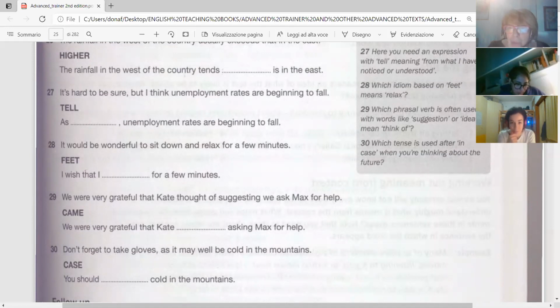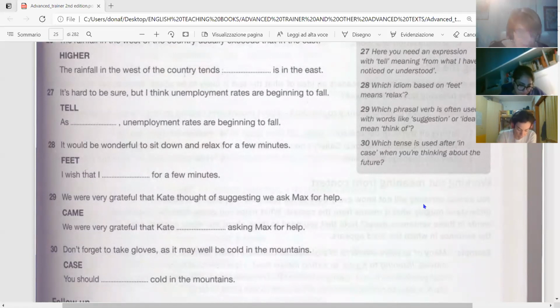Why be able? You can use the "can" with the appropriate tense. I wish that I can. Not "can", but with the right tense. Could. Yes. Okay. Could put my feet up?